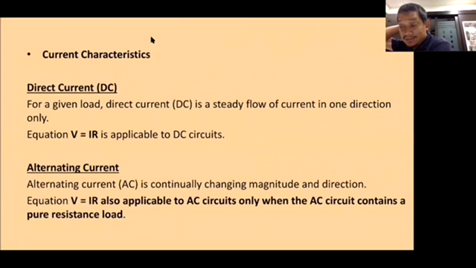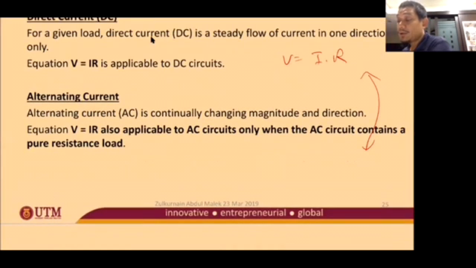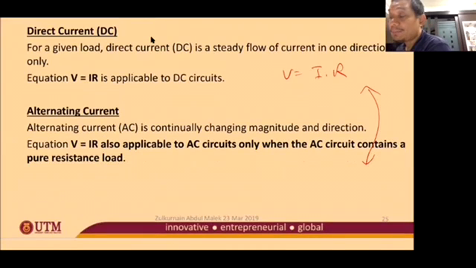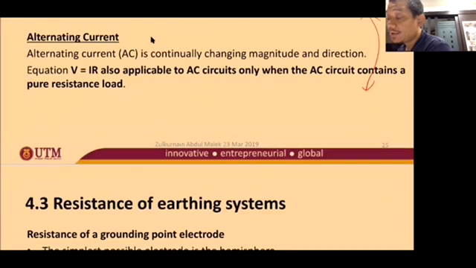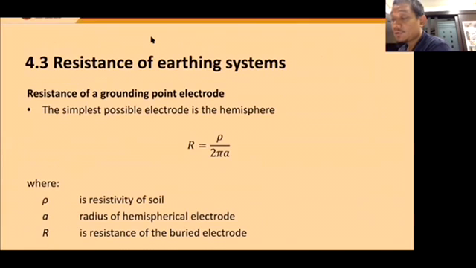Under DC current, of course, L and C disappear, so you just have R, so V equals I times R. If you want to calculate the voltage, that means just pure R. But once you go to impulse, then L and C can be significant, so you need to consider the L and C components rather than just R. But for short circuit, people still just use the DC part of the resistance or impedance, if you like.